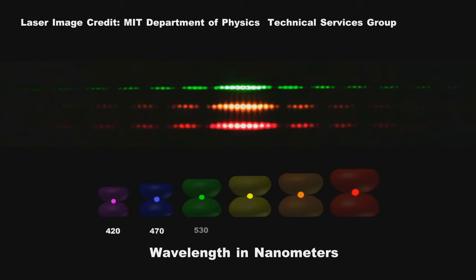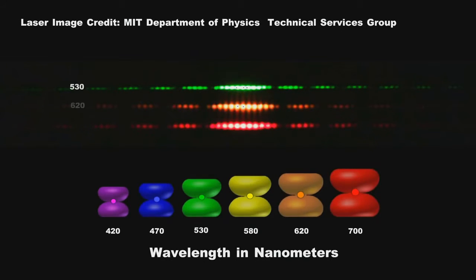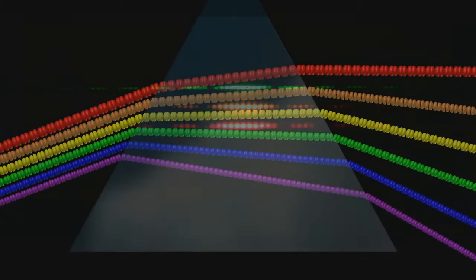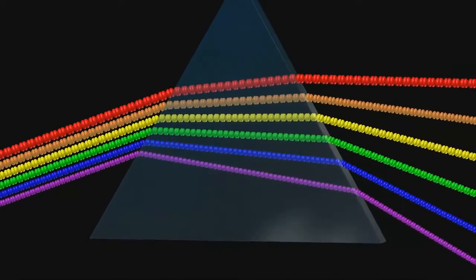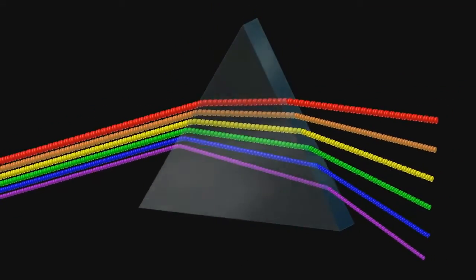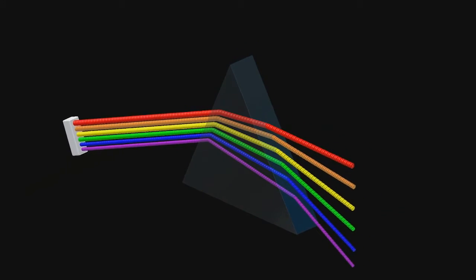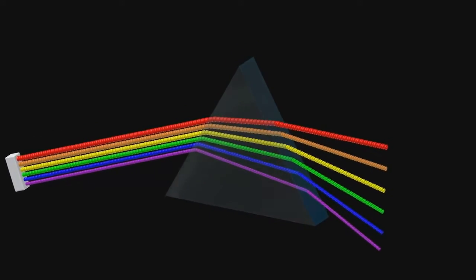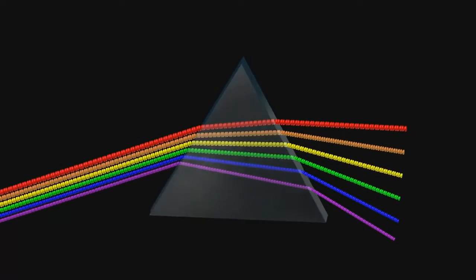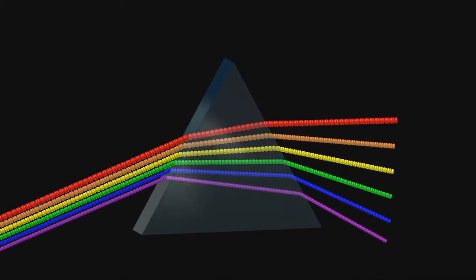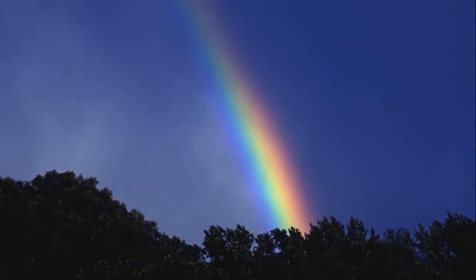We saw that the angle of refraction for photons is determined by their field size. So the next time you see a rainbow, you will know the science behind its beauty.